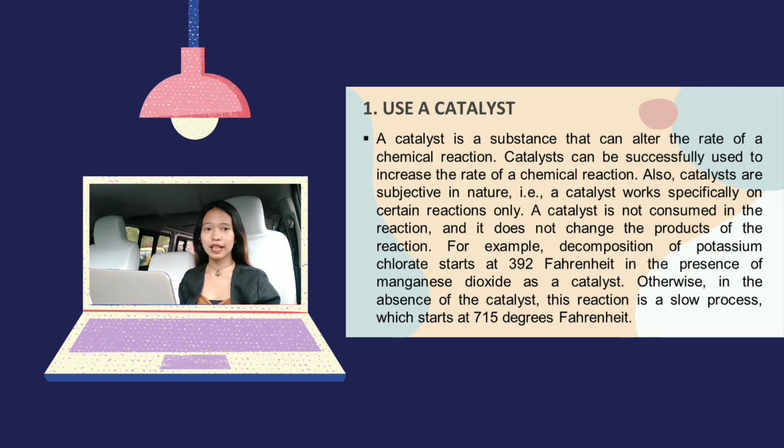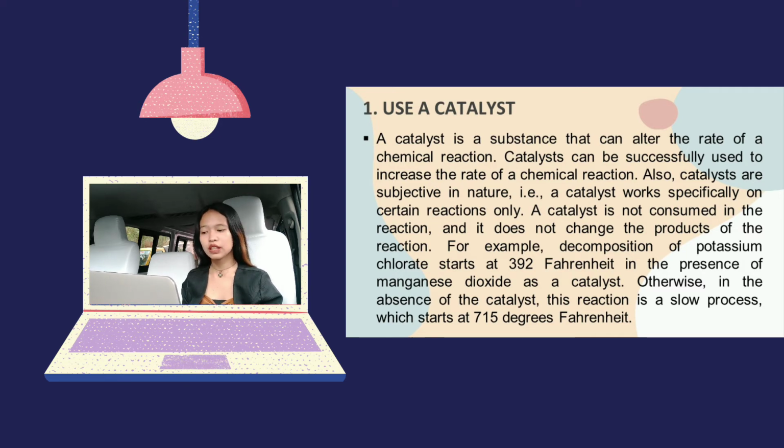First, use a catalyst. A catalyst is a substance that can alter the rate of a chemical reaction. Catalysts can be successfully used to increase the rate of a chemical reaction. Also, catalysts are selective in nature, i.e., a catalyst works specifically on certain reactions only. A catalyst is not consumed in the reaction, and it does not change the products of the reaction.